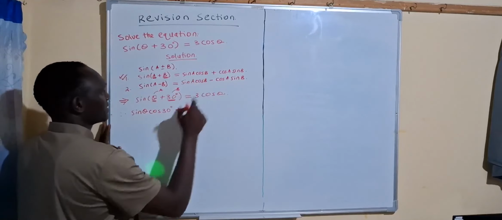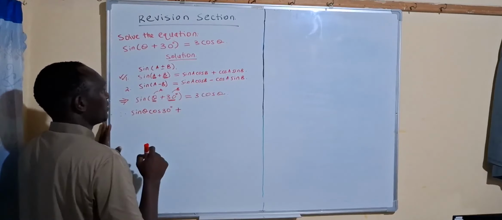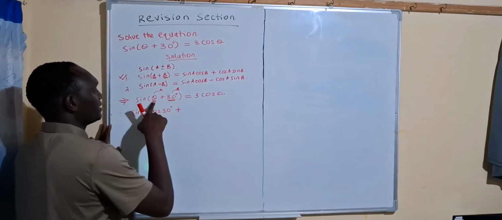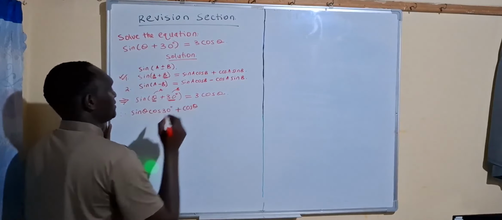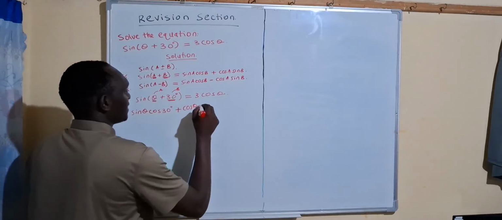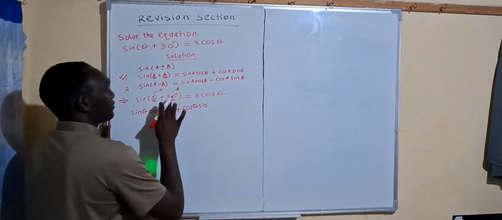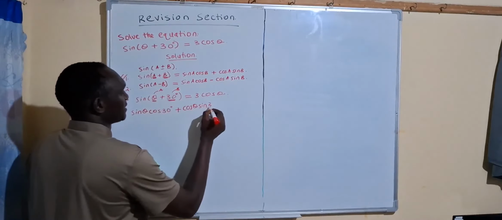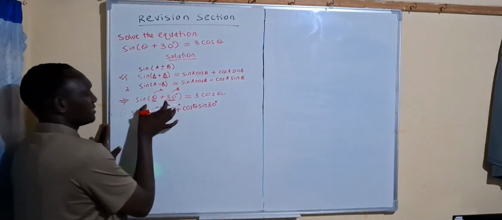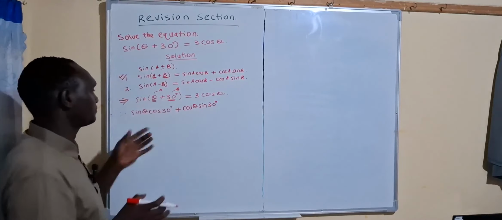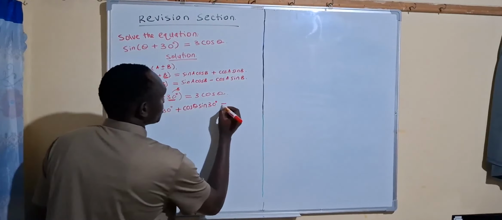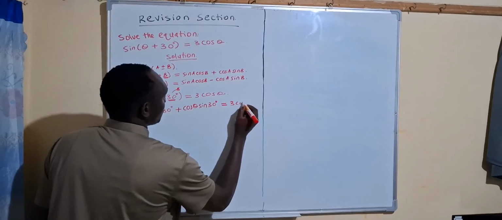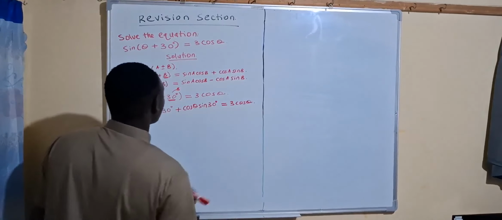Plus cosine of A, and A is theta, so we shall have cos of theta, then sine of B, and our B is 30 degrees. This is just the expansion of this side of sine. So we're saying this equals 3 cos of theta.